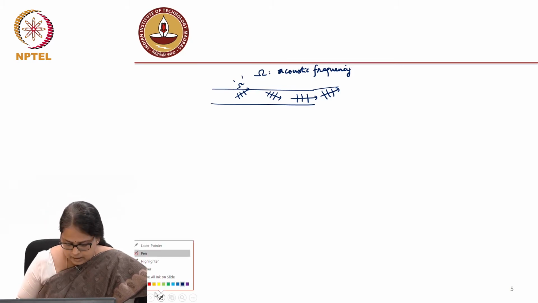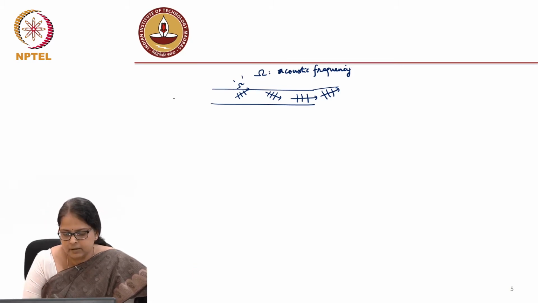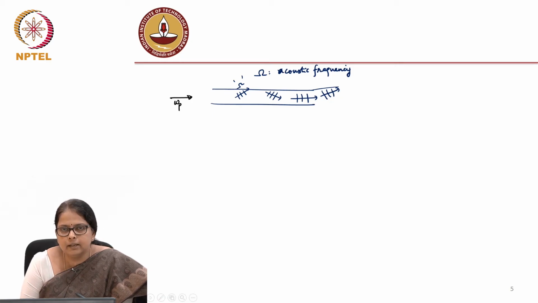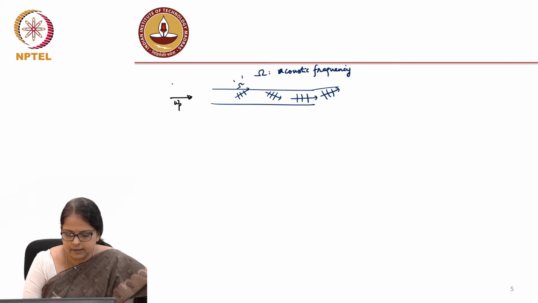Now, in that system, let's say you have incoming light. Let's represent the frequency of that incoming light as omega p. Corresponding to omega p, let's say its wave vector is kp.